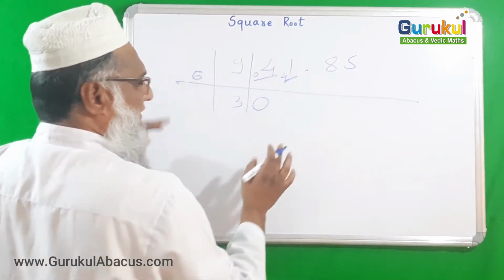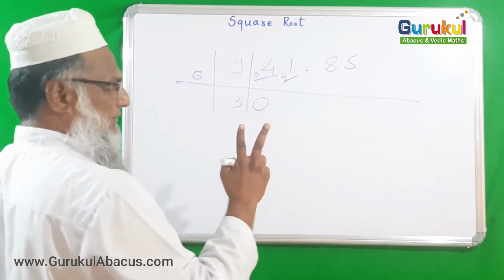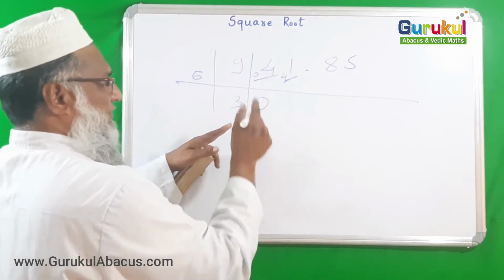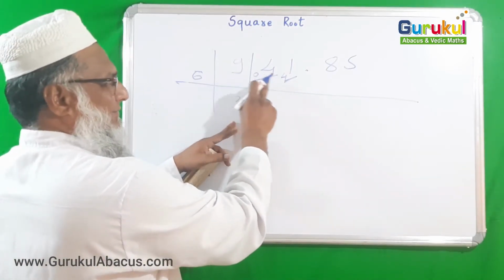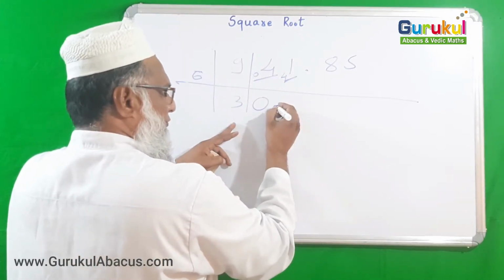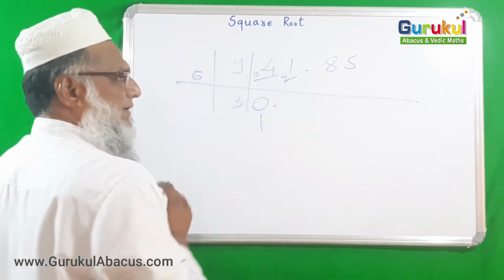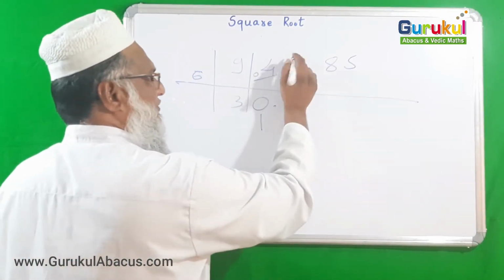But before solving further, I am suggesting two things. First of all, we had two pairs, 41 and 9. So with 2 pairs, we have 2 digits in the answer, so here I am putting the decimal point. Now from the 41 I should subtract the dvandva of it. The dvandva of 0 itself is 0 only.